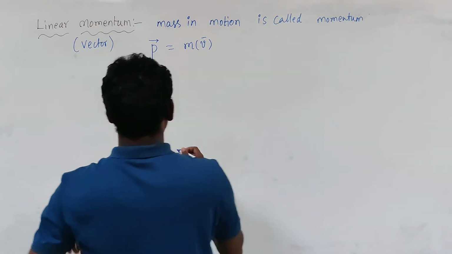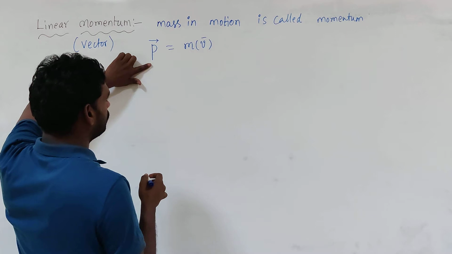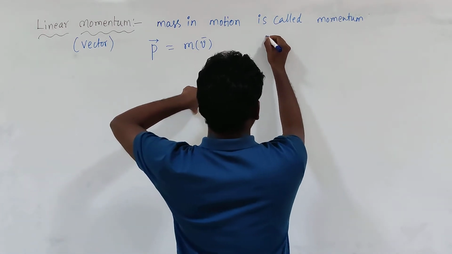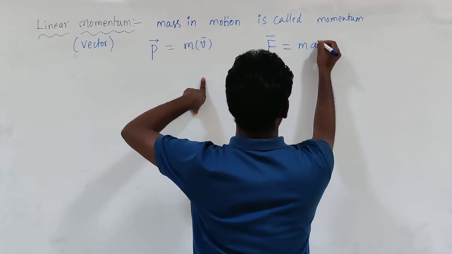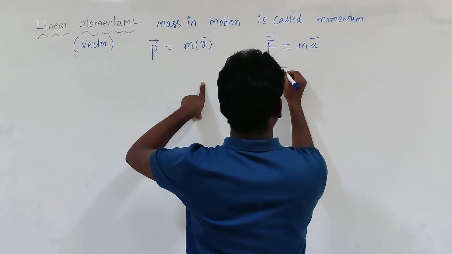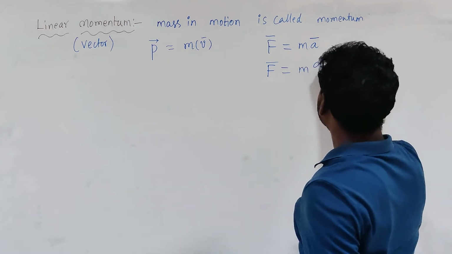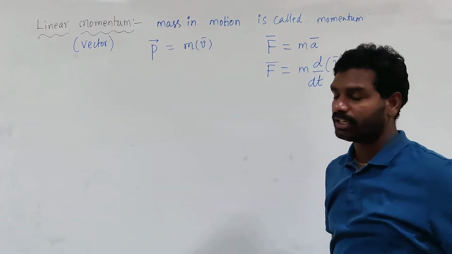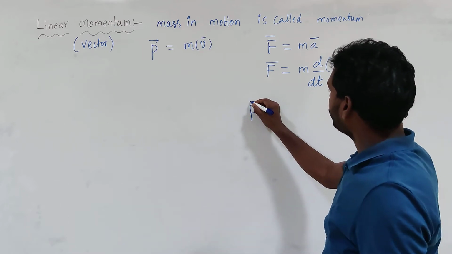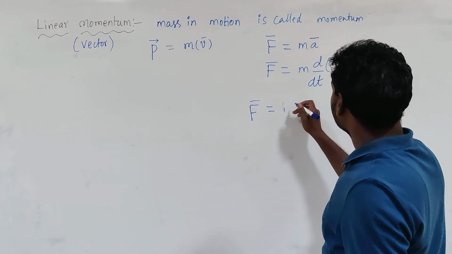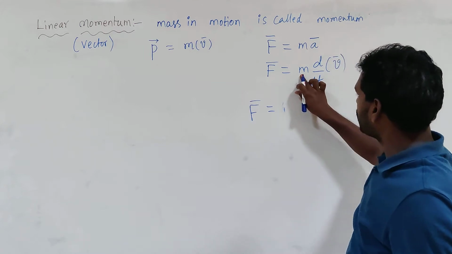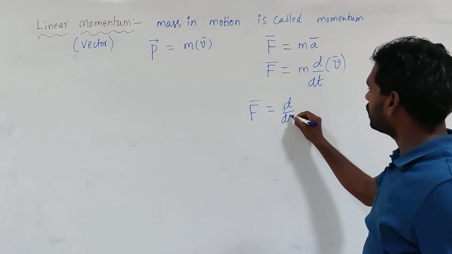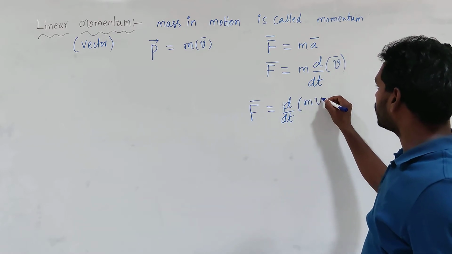In Newton's second law of motion, momentum can be expressed as follows. We know from Newton's second law, F equals ma. So F equals m into acceleration, which is the rate of change of velocity. So F equals, when this scalar term mass is taken inside, d by dt of m into v.